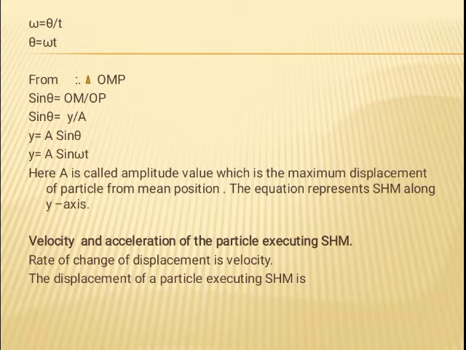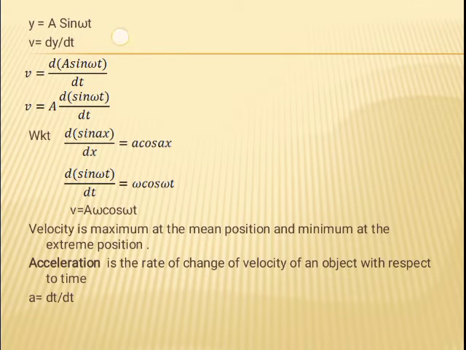Now if I consider the displacement of the particle executing simple harmonic motion, we have already derived the displacement. What is the formula? y is equal to A sin omega t. In the next slide I have put the same thing, y is equal to A sin omega t.